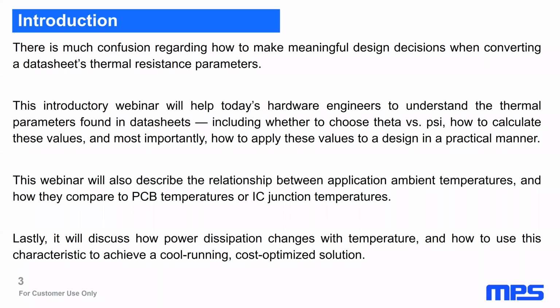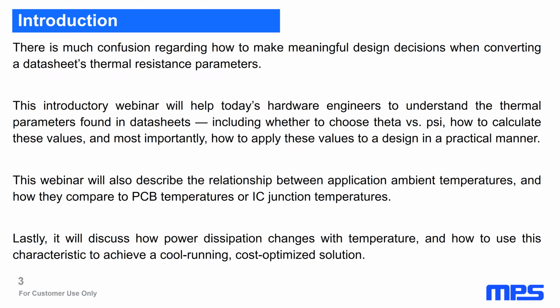Introduction. There is much confusion about datasheet thermal resistance parameters. This introductory webinar will help to understand the thermal parameters found in datasheets, theta and psi, how to calculate them, and most importantly, how to apply these values to a design.